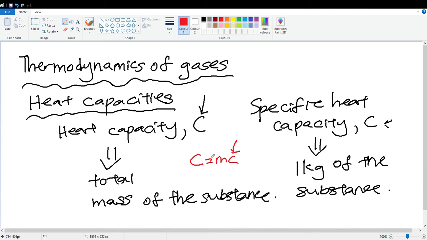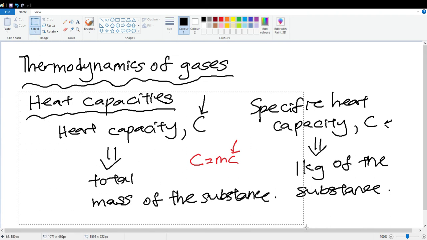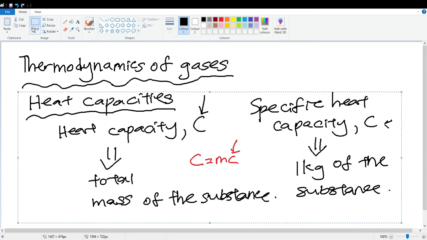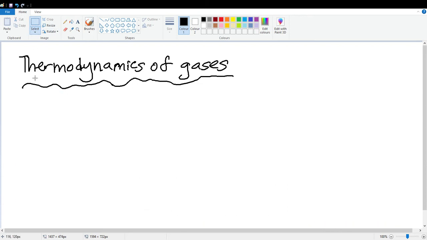So this is their relation. Alright, we have done specific heat capacities. Let me erase all this and move on to another part.